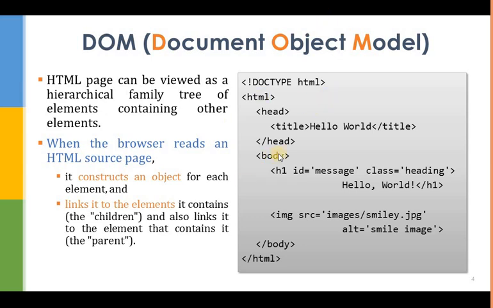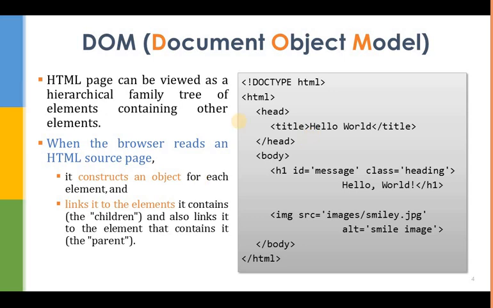For example, this is your h1 tag, and this is your body tag. For this body tag there is one object created. Whenever this object is created, it also links to other elements, for example the elements inside this body tag and the element in which this body tag is.